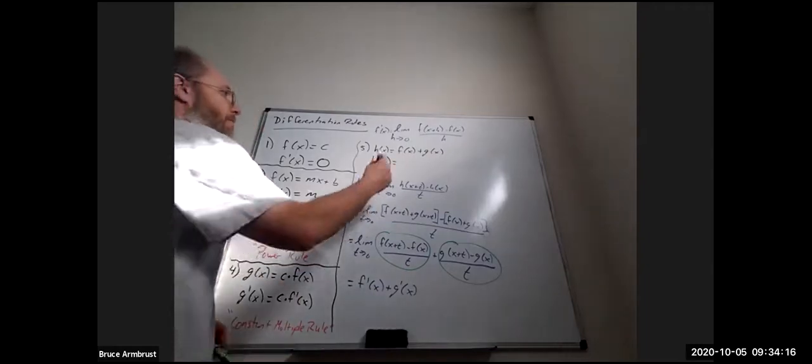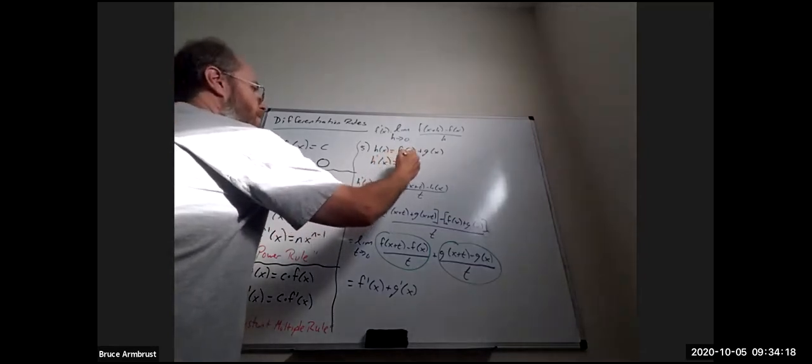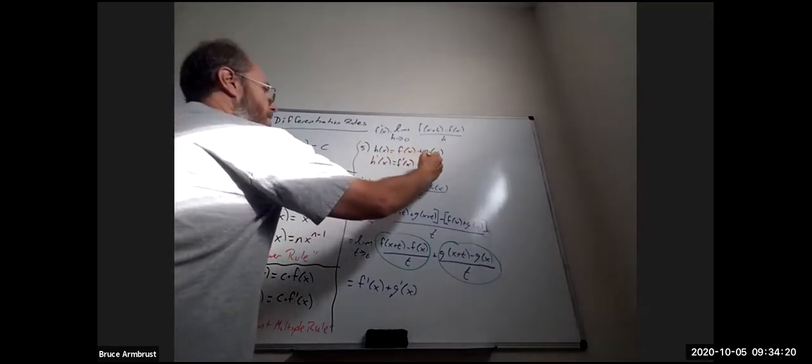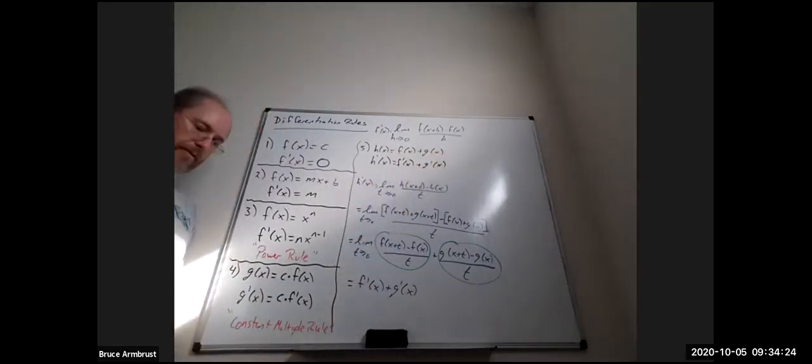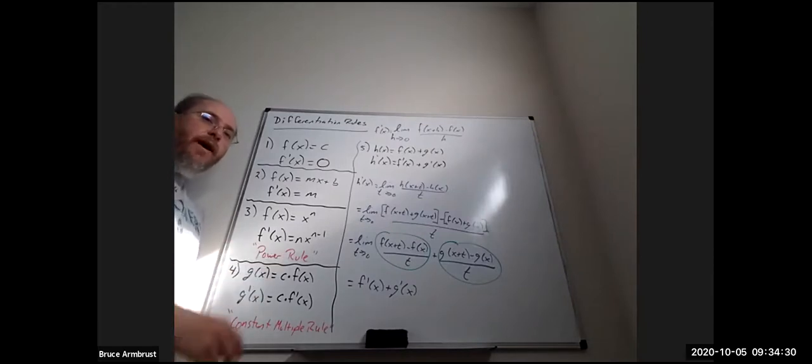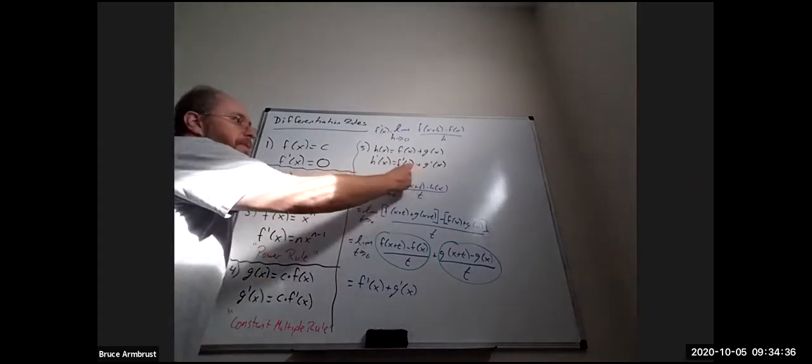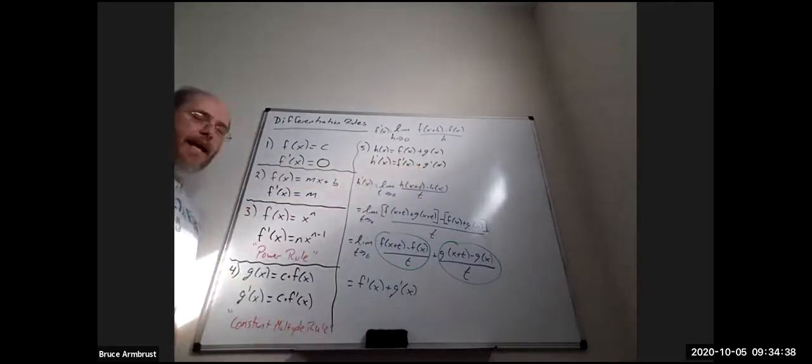And so we can go ahead and put this up into our rule. Okay, so this is the sum rule. So if you have two functions that you're adding, and you take the derivative, you can differentiate each one of them separately, and then add them together.